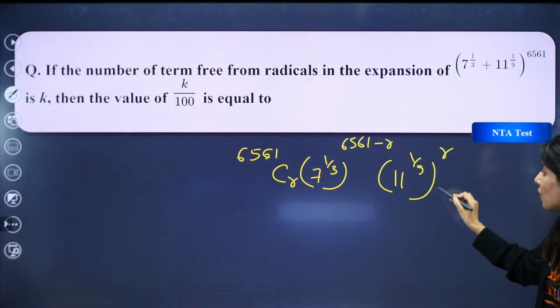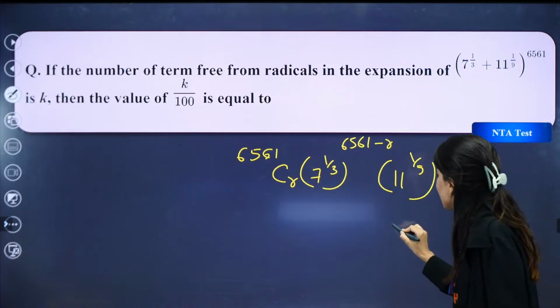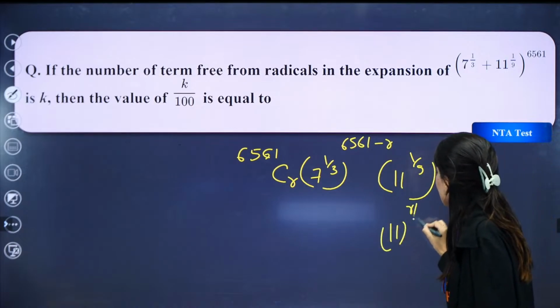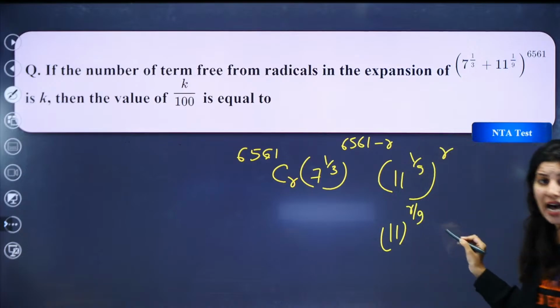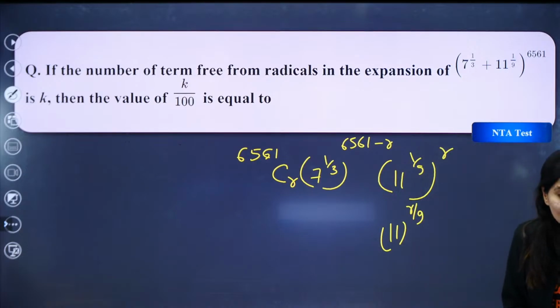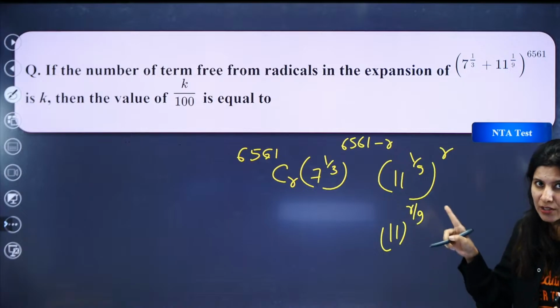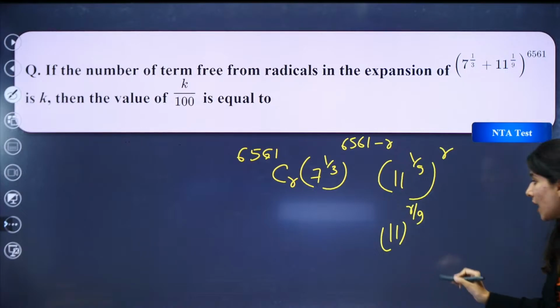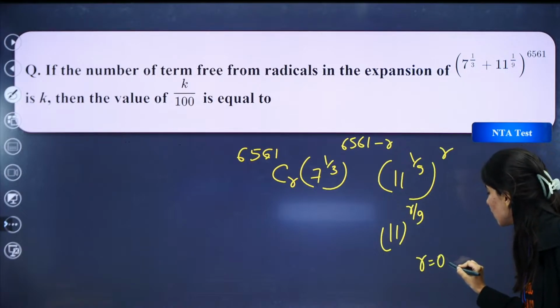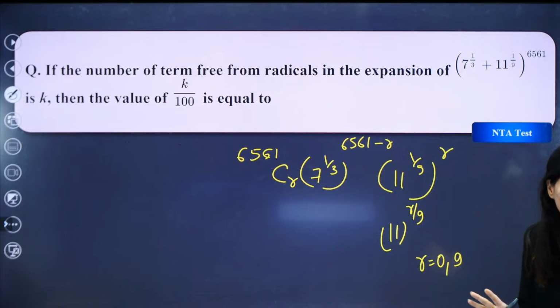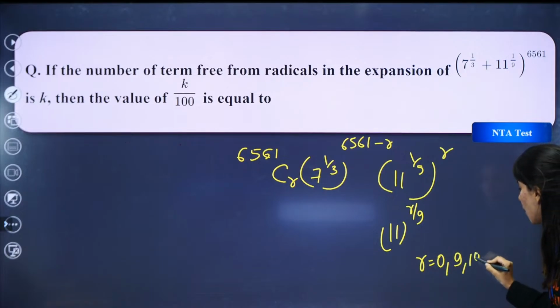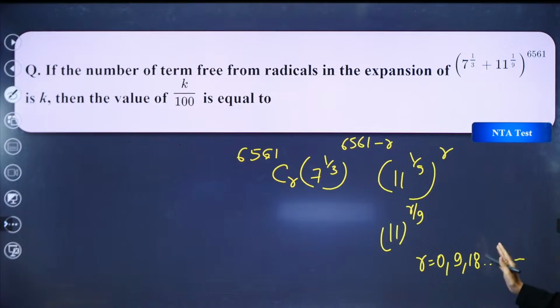So the power of 11 clearly is R by 9. I want this R to be either 0, or 9 because 9 by 9, or 18. So R can be either 0 or 9, so basically I'm looking for multiples of 9, like 9 or 18, all the way up to 9k.